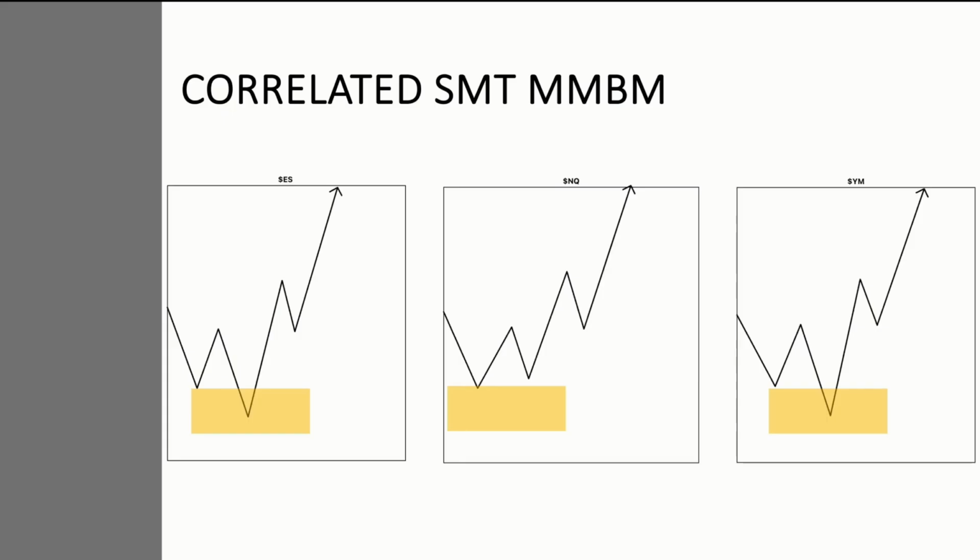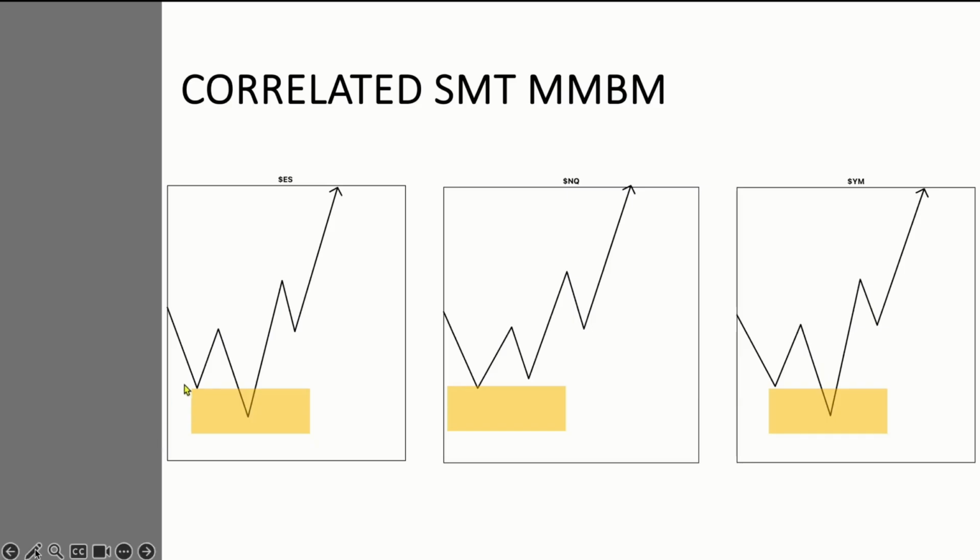If we are taking a look at the following schematics, where we can see the ES, Nasdaq, and Dow Jones chart, and we take a close look at what is occurring at the lows within a market maker buy model, we can see that ES makes lower lows, Nasdaq makes higher lows, and the Dow Jones makes lower lows, all whilst trading into that yellow box, which is our smart money reversal within that market maker buy model schematic.